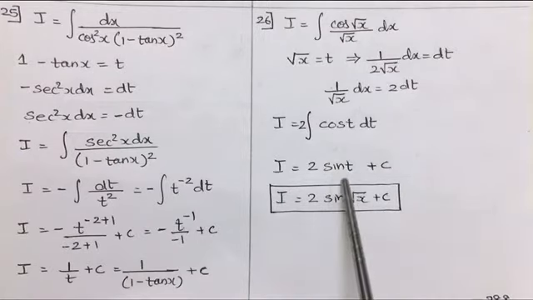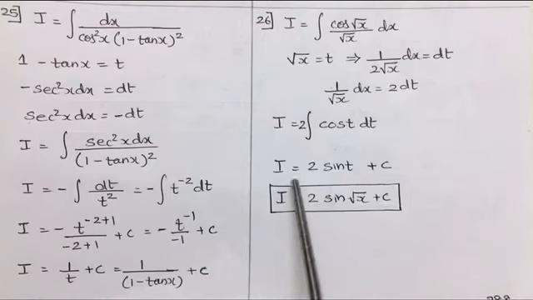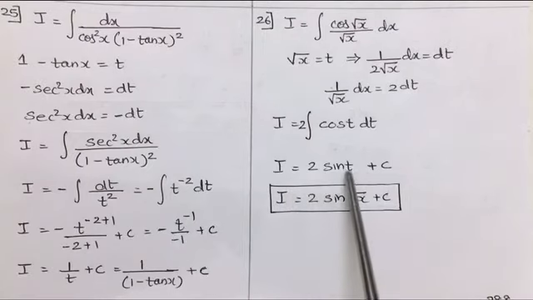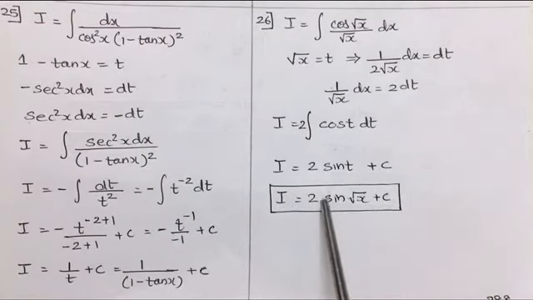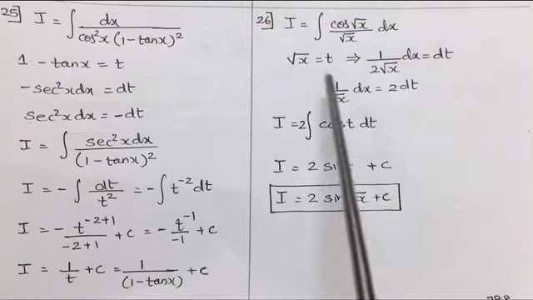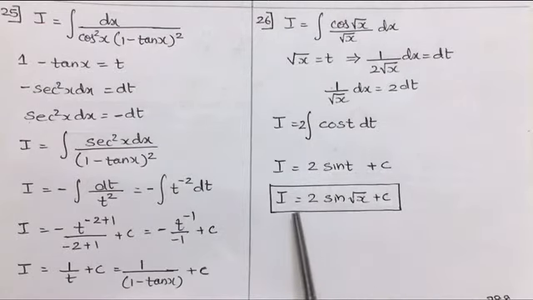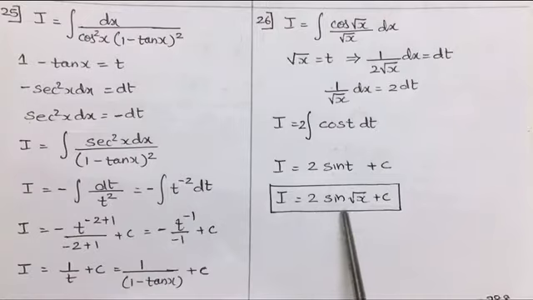Integration of cos t is sin t. So we have here I is equal to 2 sin t plus c. Now the value of t is root x. So I is equal to 2 sine root x plus c is the final integration.